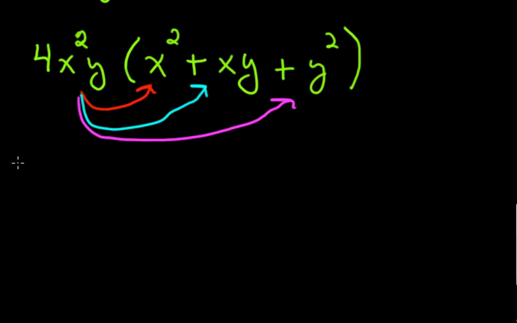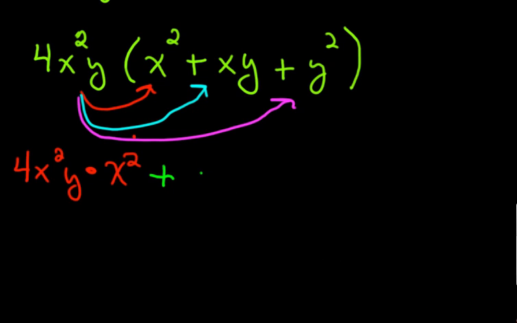So it's 4x squared y times the first term, which is x squared, plus, yeah, my plus sign looks like a demented T. Let's do that again. There we go.